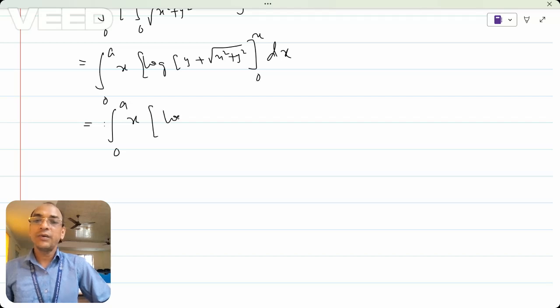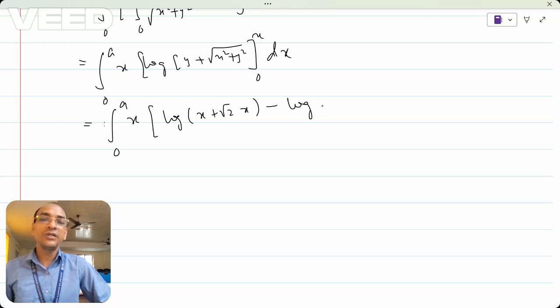So I will have log of x plus square root of x square plus x square, that is 2x square. So root 2 into x is the upper limit, minus the lower limit, y equal to 0. Y equal to 0 means log of root over x square, which is x. So this is my upper and lower limit.